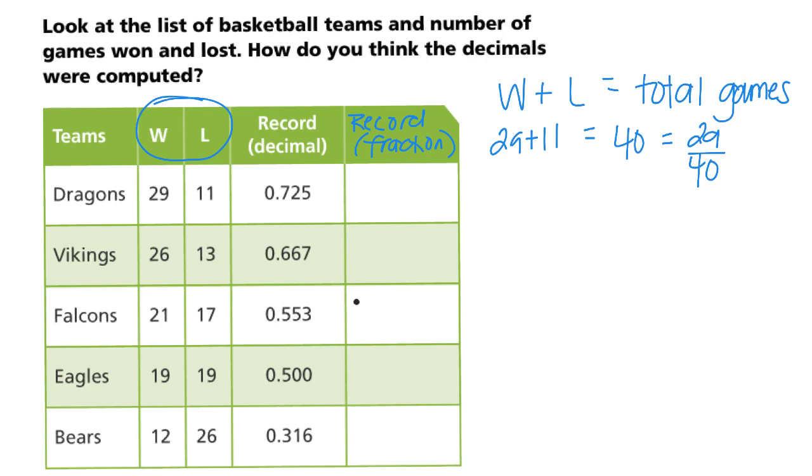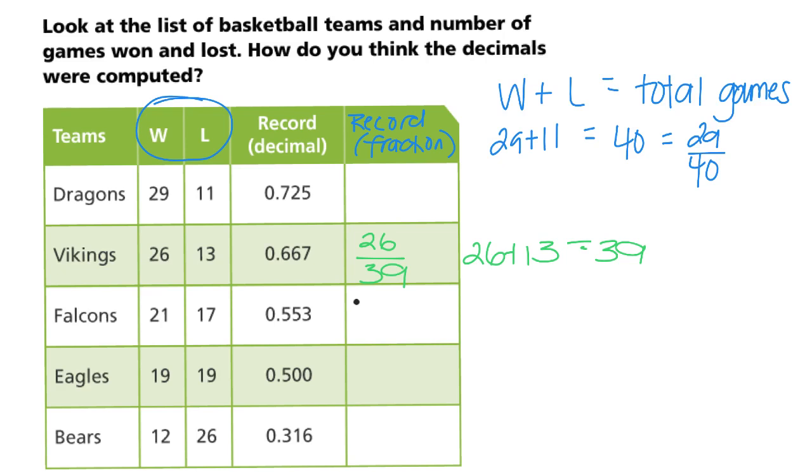So the Vikings won 26 games, and to figure out the total number of games that they played, I would add 26 plus 13, and that gives me 39 games. And again, if I were to put this in a calculator and do 26 divided by 39, that would give me 0.667 or 667 thousandths.